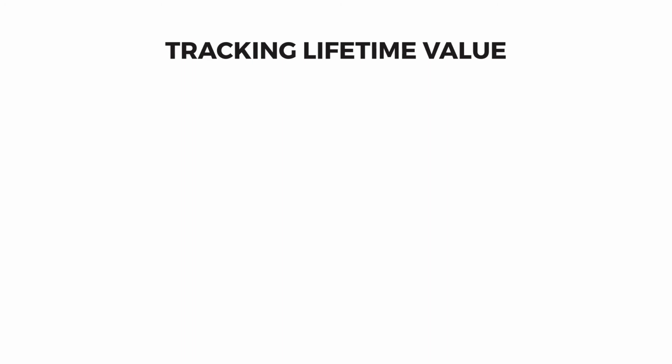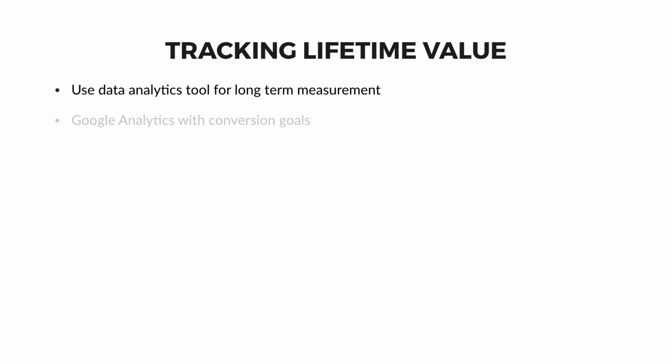Unfortunately, Facebook doesn't do a very good job of helping you measure that. You'll want to use a third-party data analytics tool for longer-term measurement that tracks additional purchases from the same customers. Google Analytics may be helpful with its conversion goals, but here at LeadPages, we utilize Kissmetrics. With Kissmetrics in place, you'll be able to tell how much revenue over a much longer period of time your specific ad campaigns have generated.